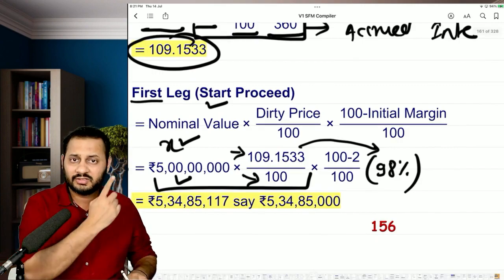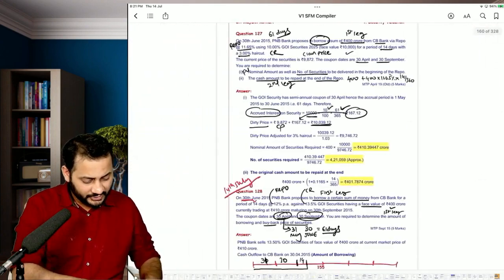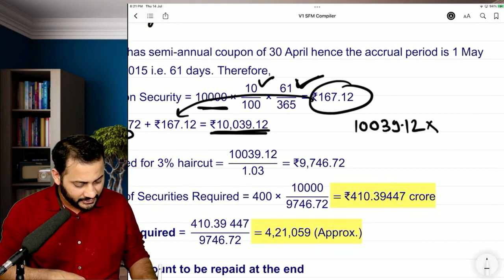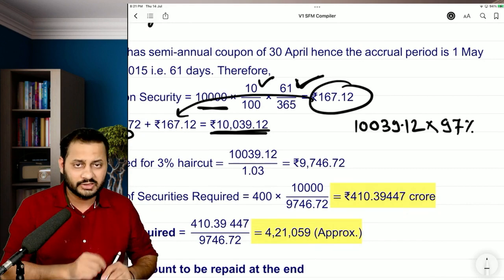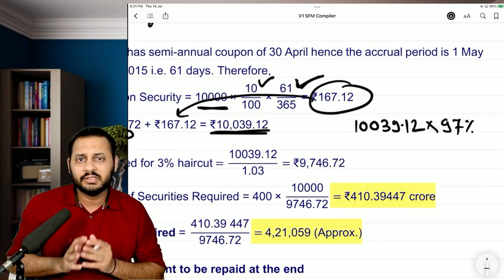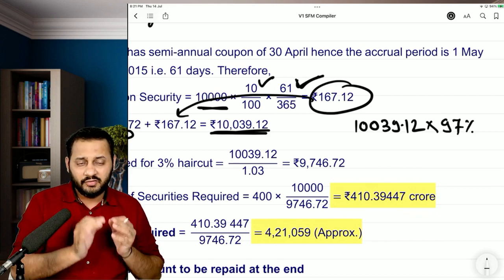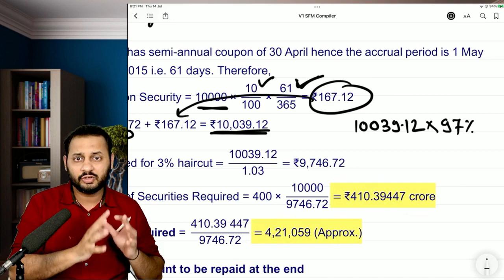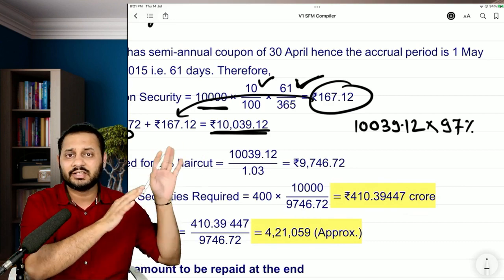If we go this way, what we will do in this question is, we will keep 10,039.12 as dirty price, and we will multiply it with 97%, because 3% is the haircut. 3% will be kept aside by the other bank. If you go on Investopedia, if you search an example for haircut on Google, they will also suggest like that only.